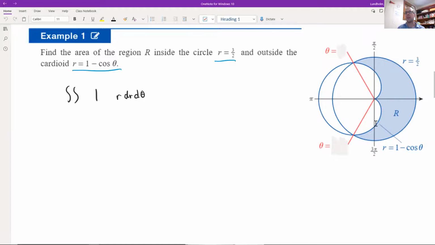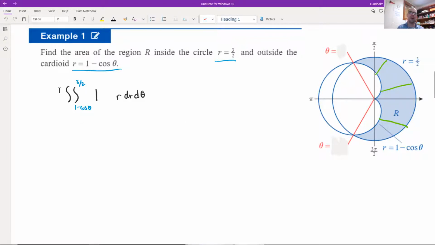So at all of these rays, we're going to be extending from the inside function, the cardioid, to the outside function, the circle. Those are actually going to be the boundaries of our inner integral.